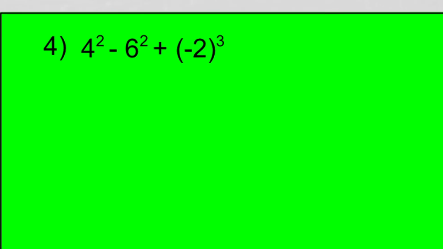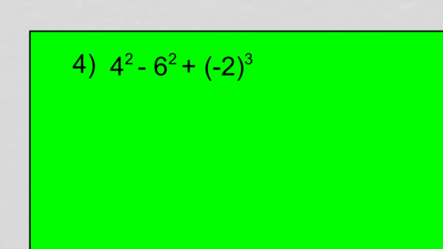Last question. We've got 4 to the power of 2 minus 6 to the power of 2 plus negative 2 in parentheses to the power of 3. Well, we can do all of these powers at the same time. That's the first thing we're going to do, right? Because the parentheses are there for a couple of reasons: to separate the sign, but to also say that this 3 applies to both the 2 and the negative sign.